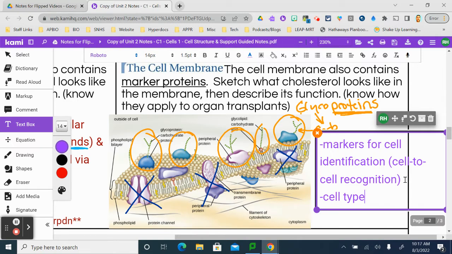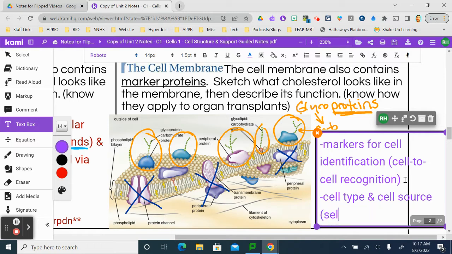These identification markers on the outside, these marker proteins, allow the body to know exactly what type of cell it is, and the cell source. What I mean by cell source is one of two things. It's either itself or a foreign cell. Your cells are marked with marker proteins to say that they're your cells.